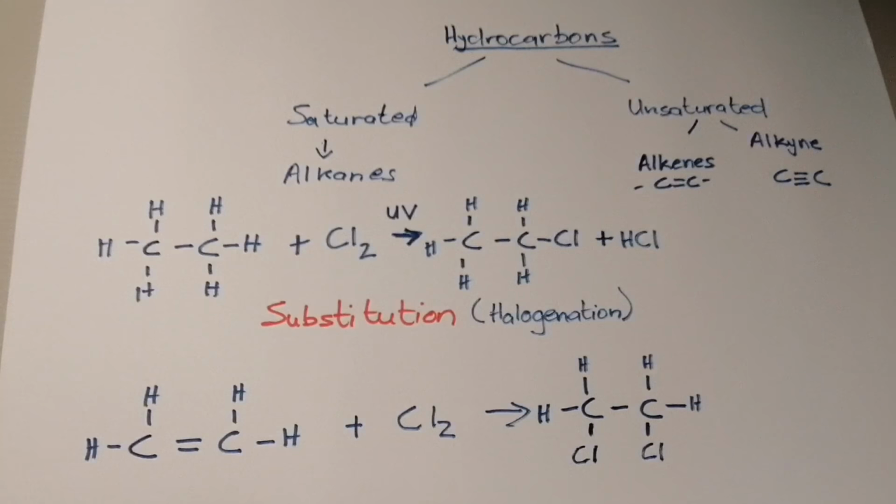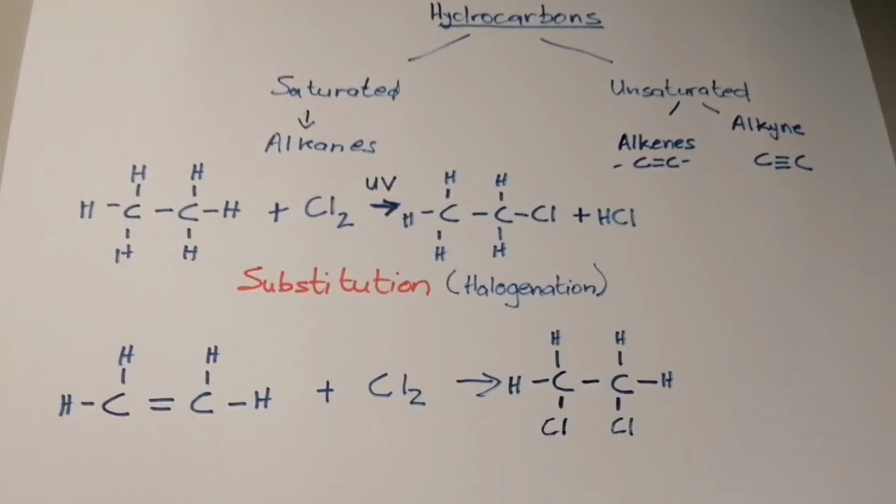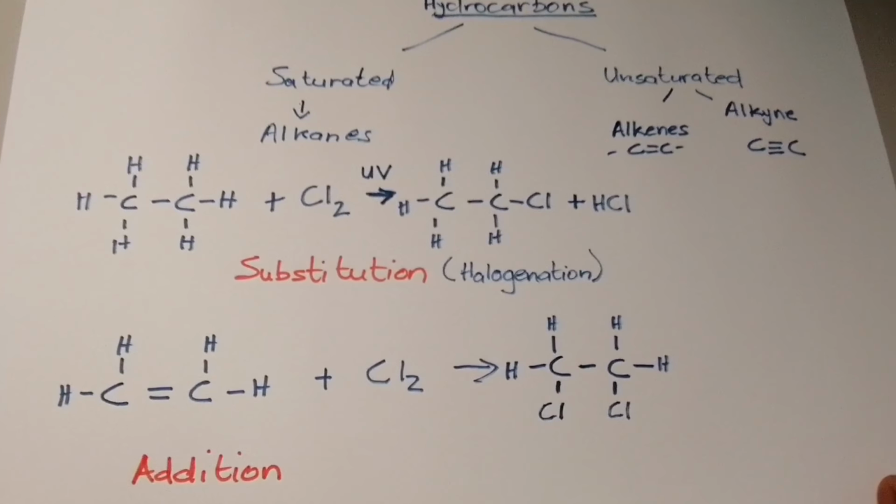All right, now we say unsaturated hydrocarbons undergo what we call, in this case, an addition reaction. So this would be addition reaction. And by the way, what type of addition reaction is it?